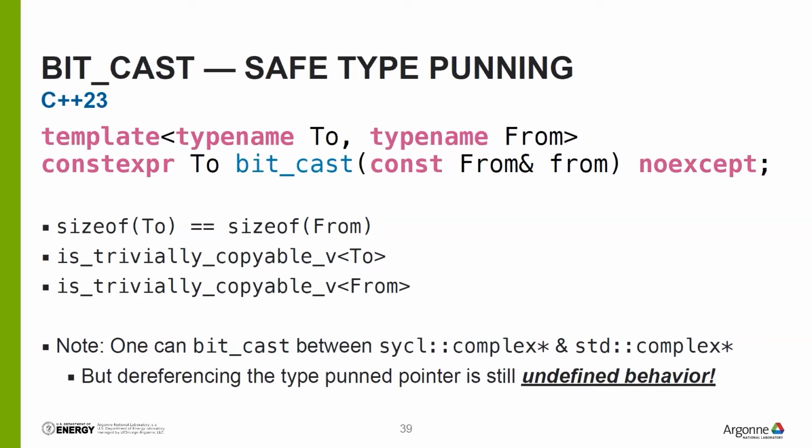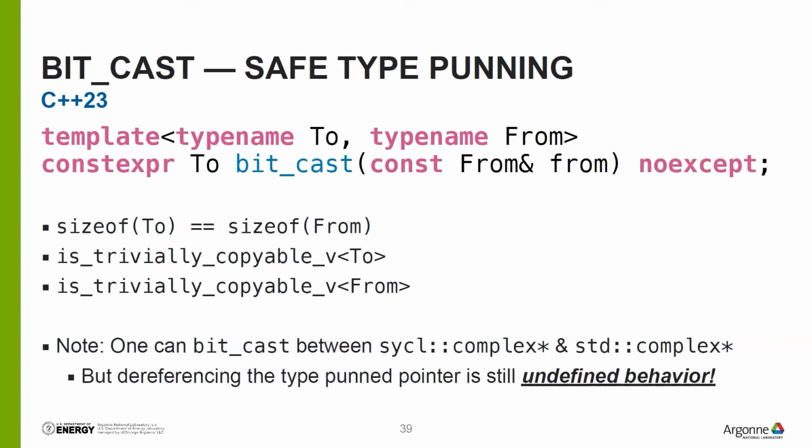So for C++ 23, all hope is not lost. Bitcast has been added, and it requires that the size of the objects are the same, and they're both trivially copyable. Remember, you can bitcast 2 pointers, that's fine, but you still can't dereference it because this thing is a pointer to a SYCL complex.